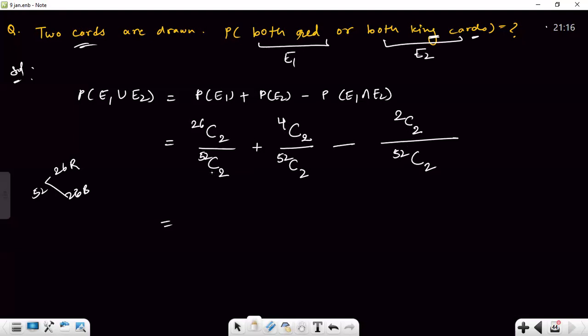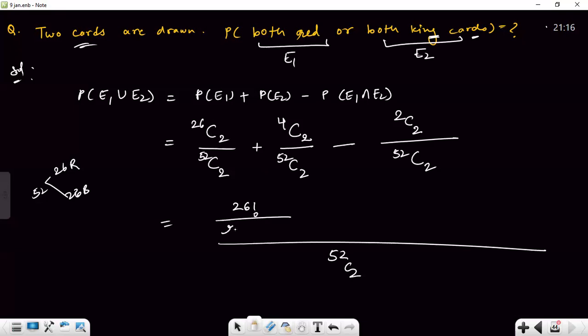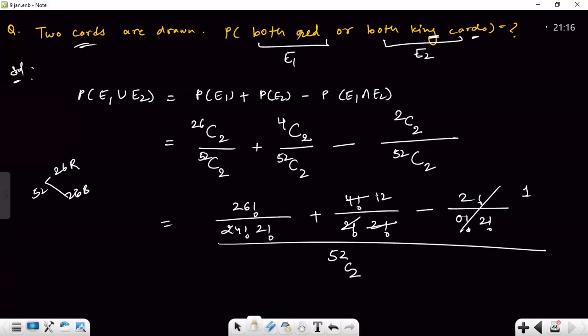So let's now solve for it. 26C2 plus 4C2 minus 2C2, with the LCM being 52C2. 26C2 is 26 factorial divided by 24 factorial into 2 factorial, plus 4C2 is 4 factorial upon 4 minus 2 factorial into 2 factorial, minus 2C2, which is basically 1 only: 2 factorial upon 0 factorial into 2 factorial, that is 1. 2 cancels. 4 factorial is 24, 24 by 2 is 12, 12 by 2 is 6.